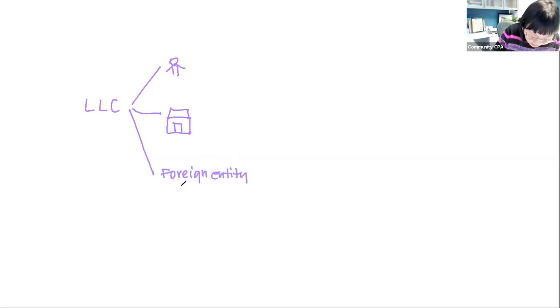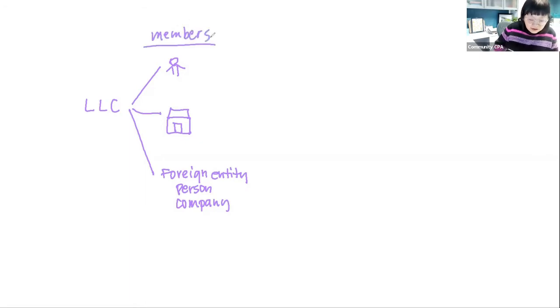Could be a foreign person, could be a foreign company. So these are members. When the LLC makes money, it goes to this person as a K1, so it goes to 1040. To the company, it is a K1 that goes to the company, then it goes to 1120.